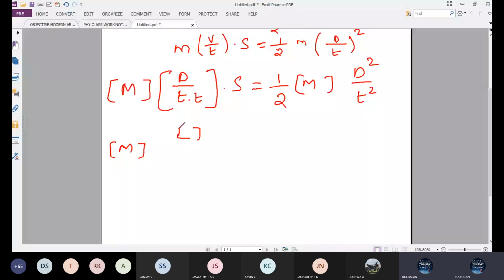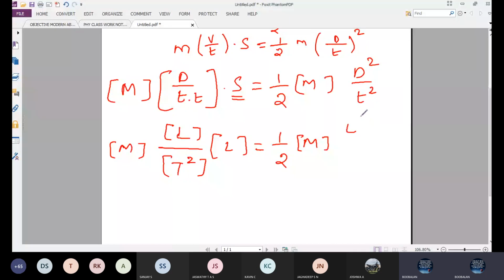T into t square. And S, what is S? It is also displacement, the measurement of length, L. 1 by 2 is a constant, no need to worry about the 1 by 2. M, again it is mass. Displacement, now only I said it is a measurement of length. L square divided by t square.